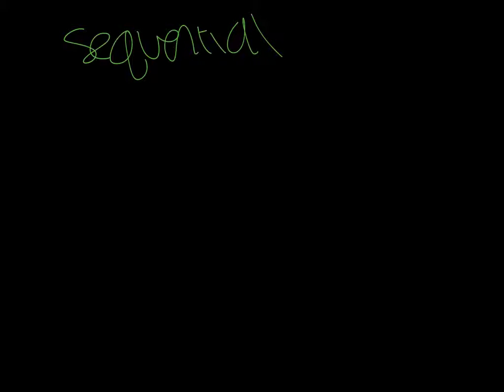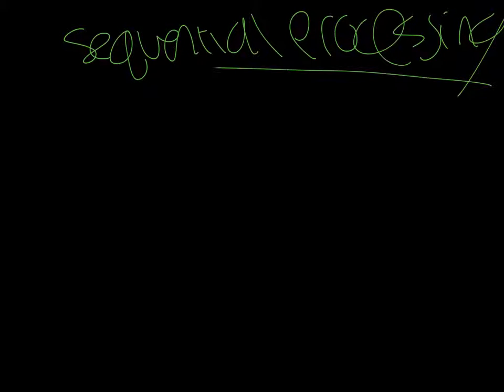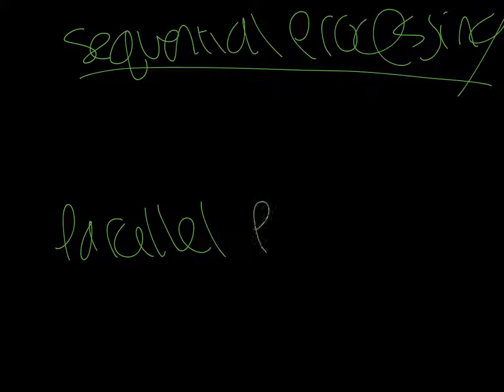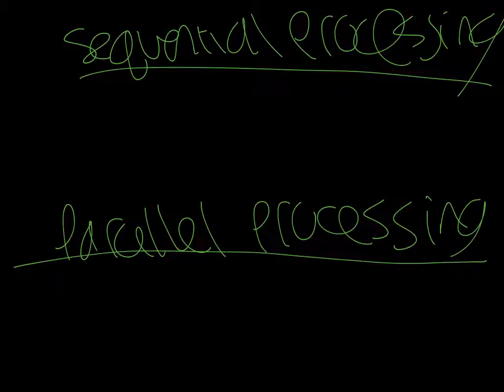The two types of processes are sequential processing and parallel processing. Sequential processing goes from one step to another.